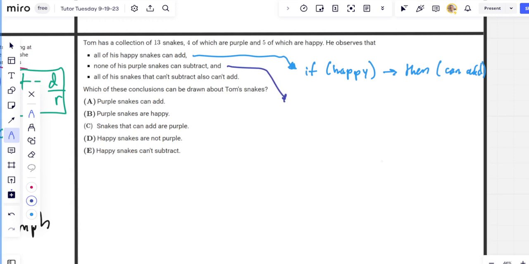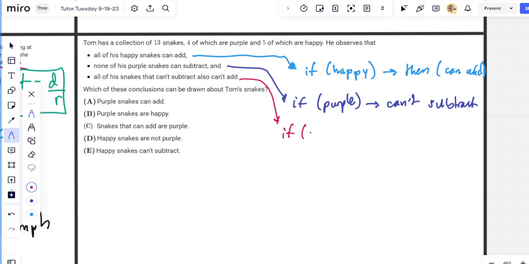None of his purple snakes can subtract. So if purple, then you can't subtract. And the last thing, all of his snakes that can't subtract also can't add. So if you can't subtract, then you also can't add.